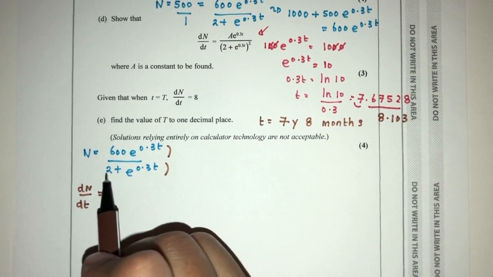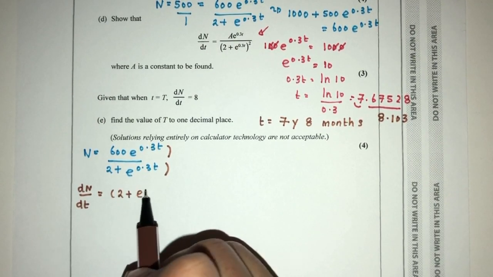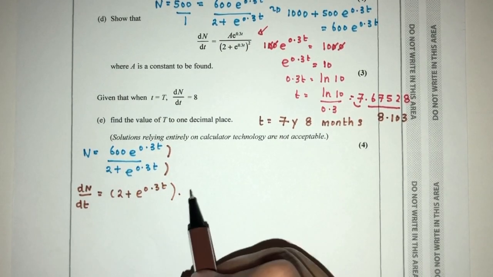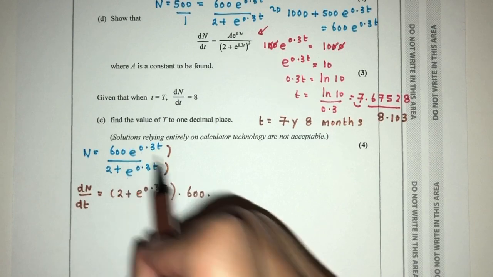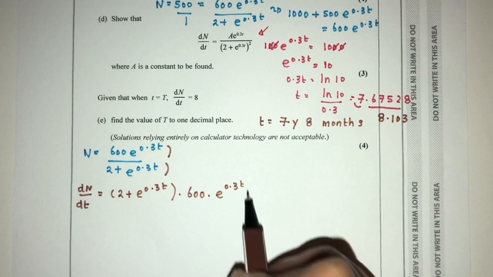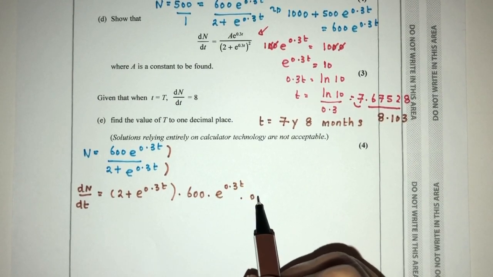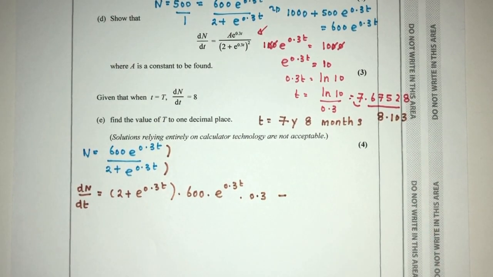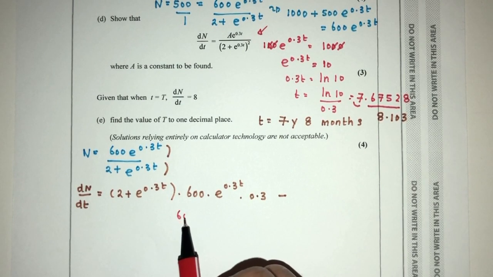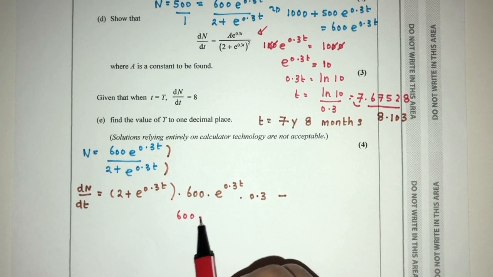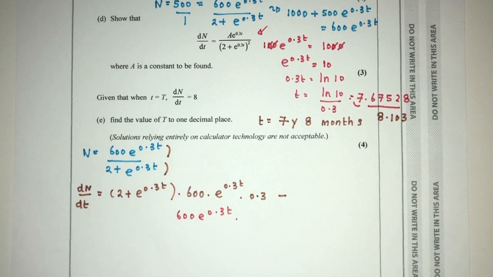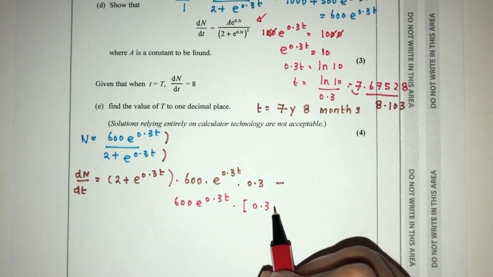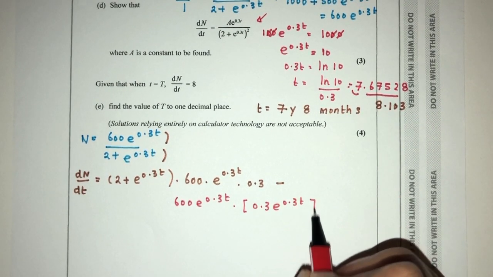So one by one, first we write down the denominator as it is. That will be this. Then multiply by d by dt of the numerator, so here we have the multiple times the same thing, and then multiply by 0.3. Right. Now next step, we have to minus. We write down the numerator as it is, then multiply by d by dt of the base value, that will be 0.3 exponential 0.3t.